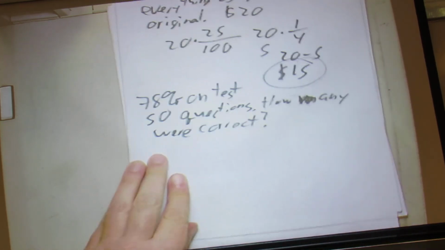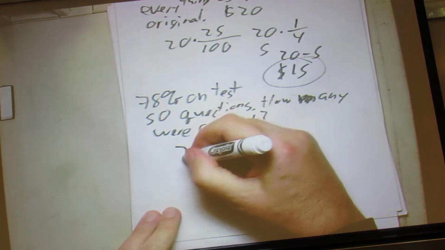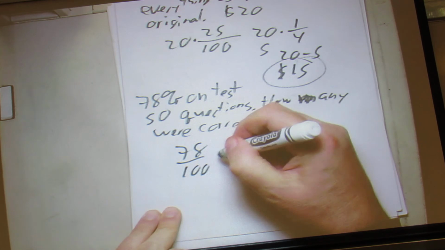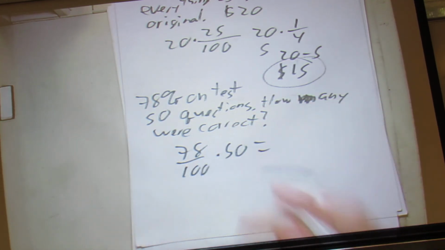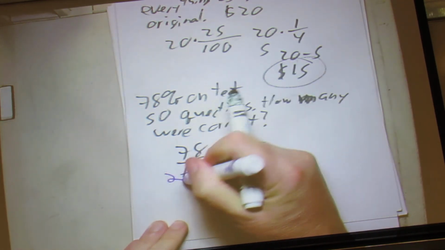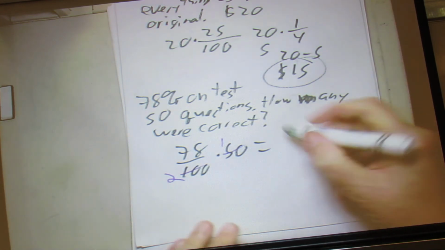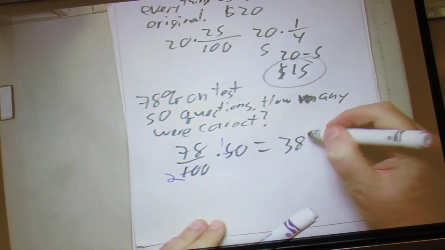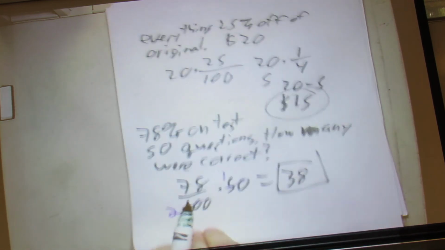So all we need to do here is, what is 78% of 50? So 78 over 100 times 50 equals 50 and 100 will simplify to be 1 and 2. So now it's just 78 divided by 2, which is going to be 38. So 38 questions were correct.